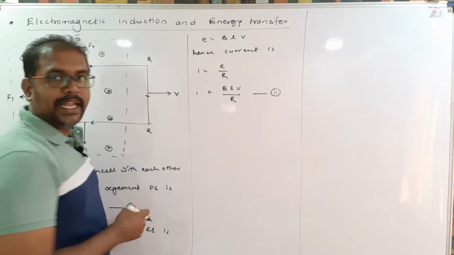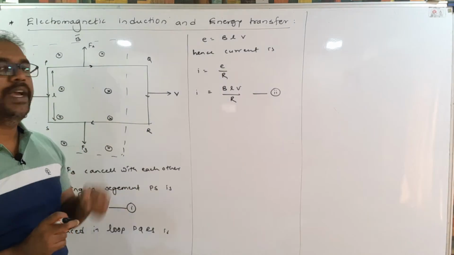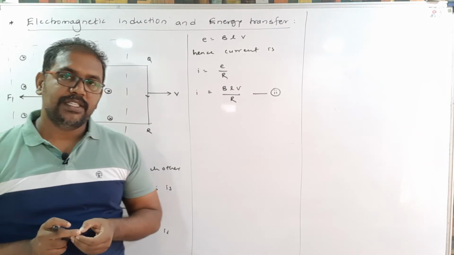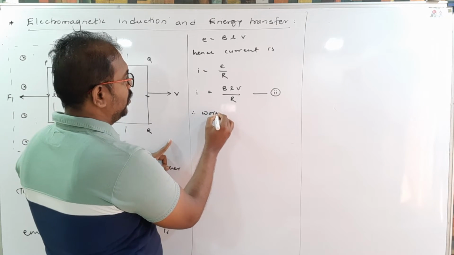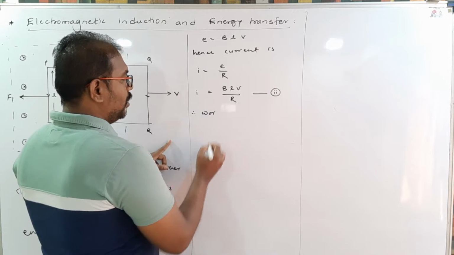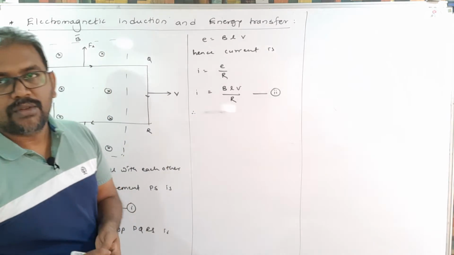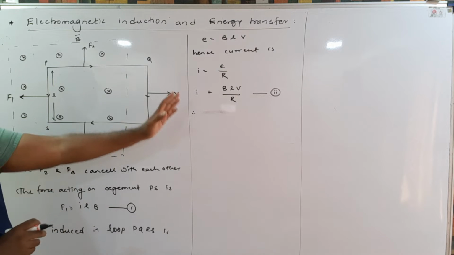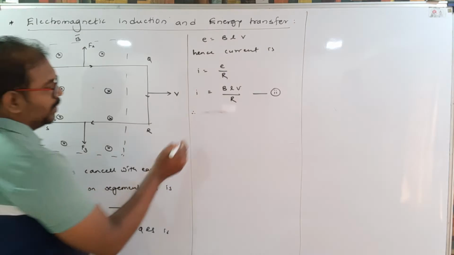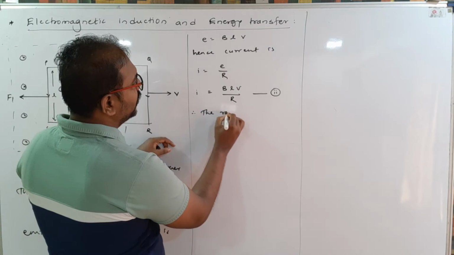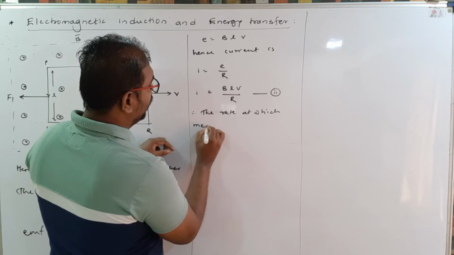Now, some mechanical work is done when we pull this wire loop, and we find out that work done. I can directly write the rate at which work is done to pull this wire loop, or directly write the power, the rate at which mechanical work is done.